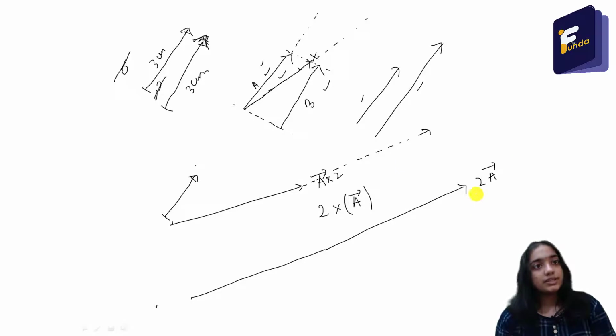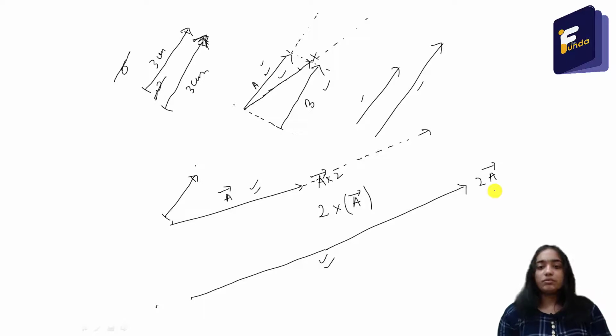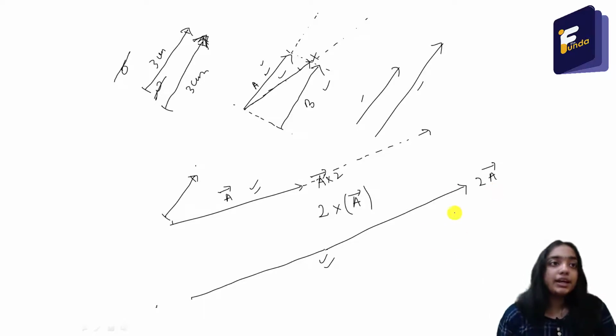As you can see, I have parallelly shifted this, so the direction is the same. Both these vectors have the same direction, but the magnitude of this one is twice the magnitude of A. But if I multiply A with -2, then the direction will be reversed.